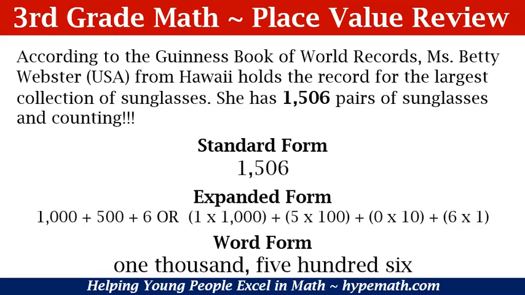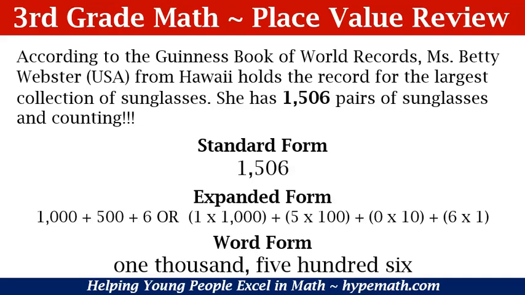Okay. If you said you would just write the number regularly for standard form, you are absolutely correct. For expanded form, it would be 1,000 plus 500 plus 6. We're missing something. We'll talk about it. Or we can say 1 times 1,000 plus 5 times 100 plus 0 times 10. Let's stop there.